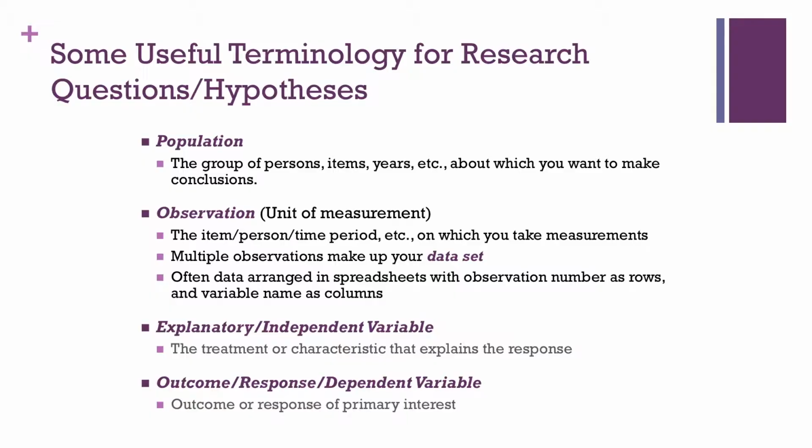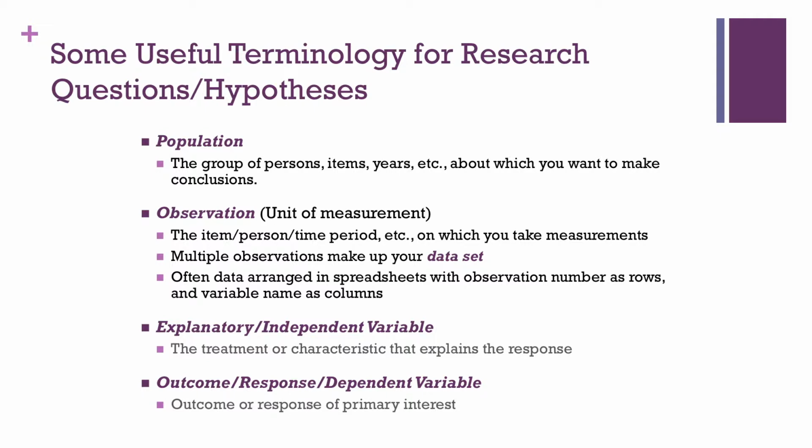As we move forward in statistics, as we talk about research questions, as we talk about hypotheses, it's going to be useful to nail down some specific terminology. And we'll use this terminology throughout our course. So first of all, we can talk about the population.